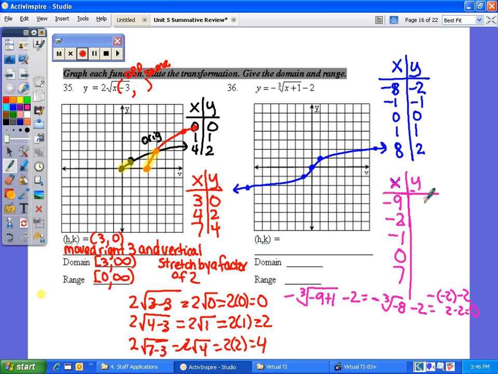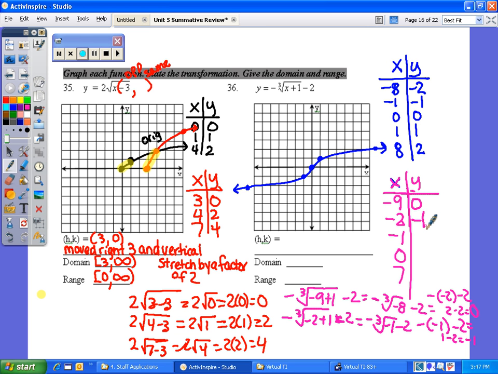Okay, so the first one is negative 9, 0. Okay, then we plug in negative cube root of negative 2 plus 1 minus 2. And that is negative cube root of negative 1 minus 2. That would be negative of negative 1 minus 2 is 1 minus 2, which is negative 1.